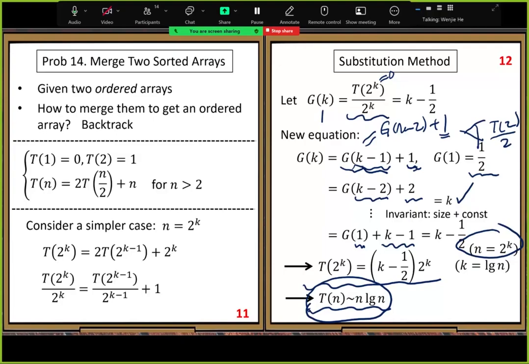So this one is our guess formula. The next step, we can do verification. Here I skip that verification. Here our conclusion is this t function is approximately equal to n log n.